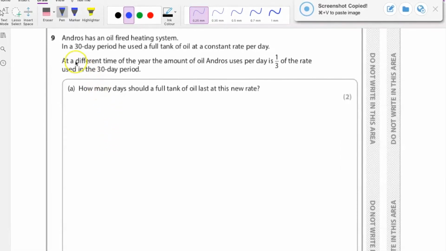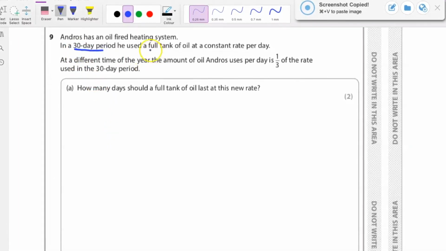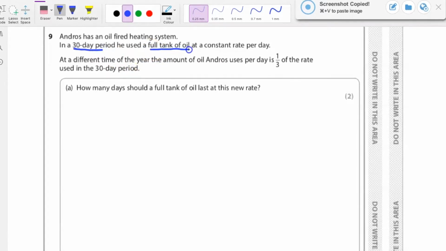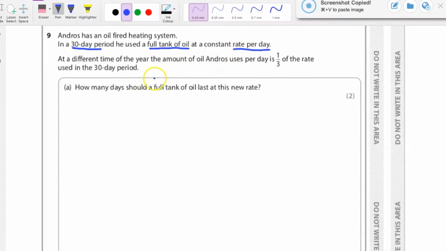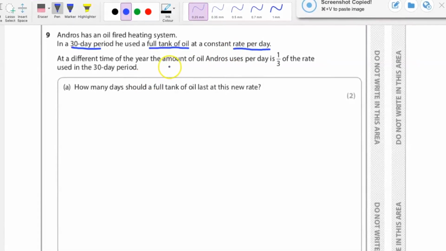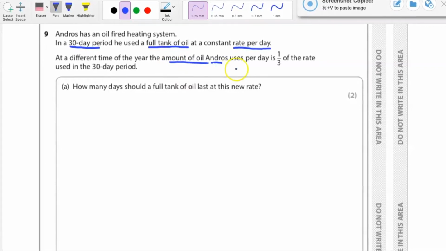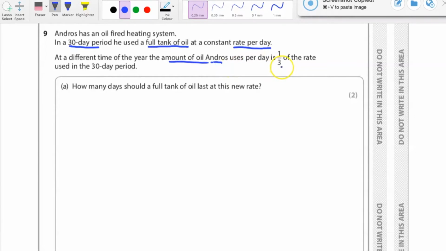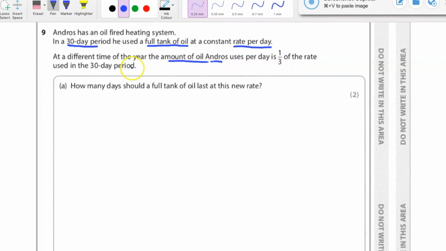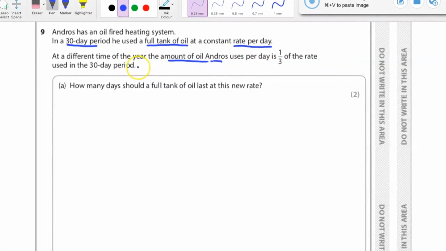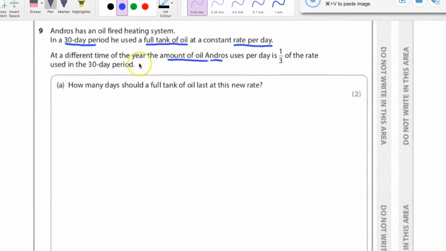So we can see at the beginning, in 30 days, he used a full tank of oil at a constant rate per day. Then at a different time of the year, the amount of oil he uses per day is a third less.